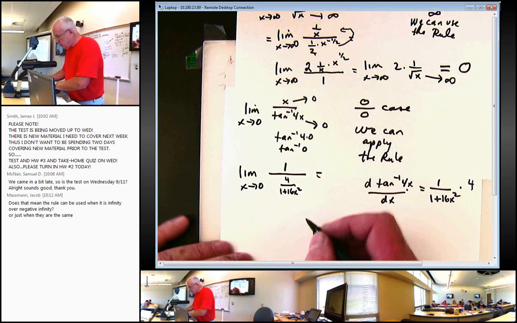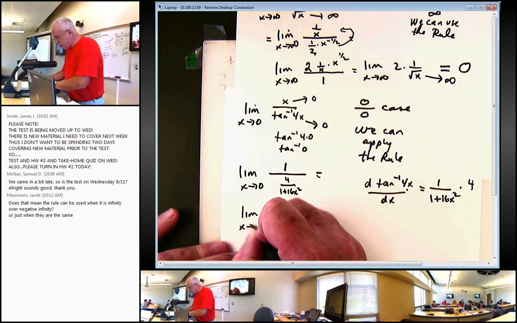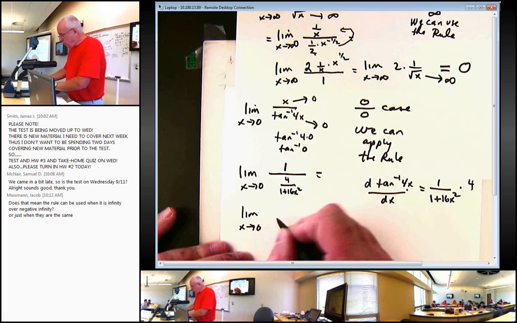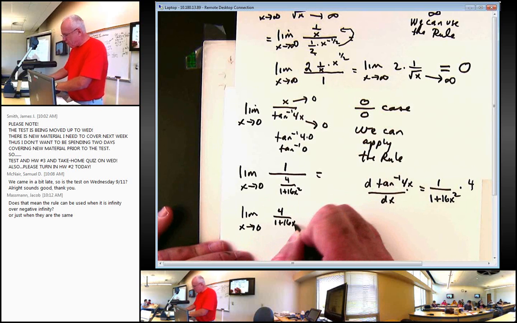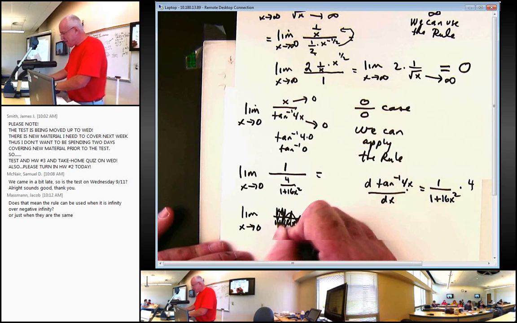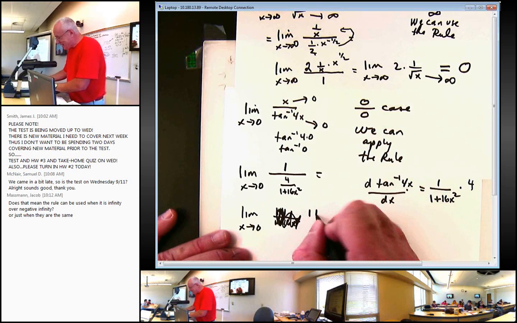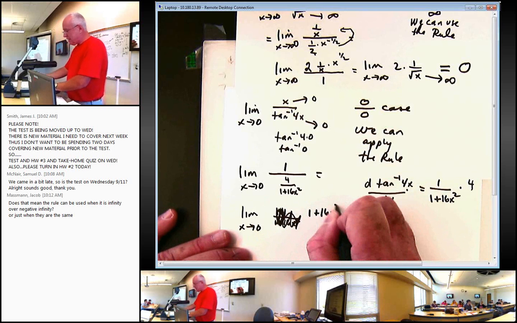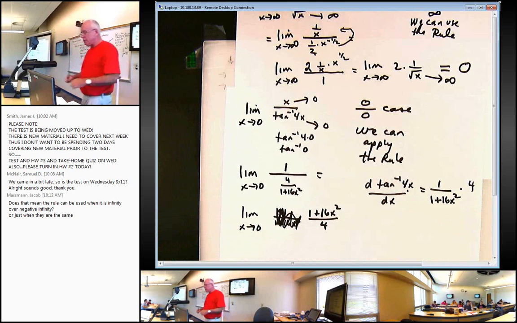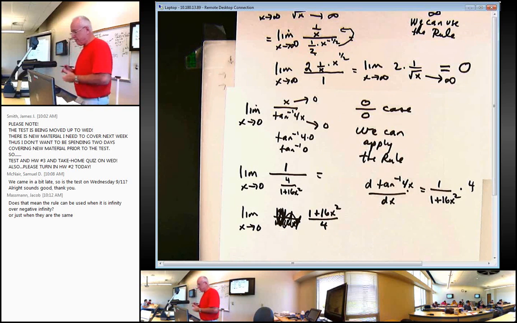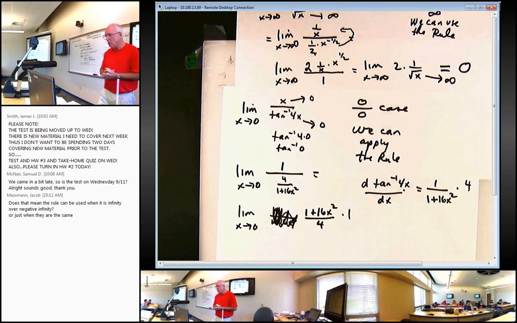So this is equal to the limit as x approaches 0 of 4 over 1 plus 16x squared, the reciprocal, I'm sorry, yes, that's not the reciprocal. How about 1 plus 16x squared divided by 4, that's the reciprocal of the denominator, and then we have that 1 there.